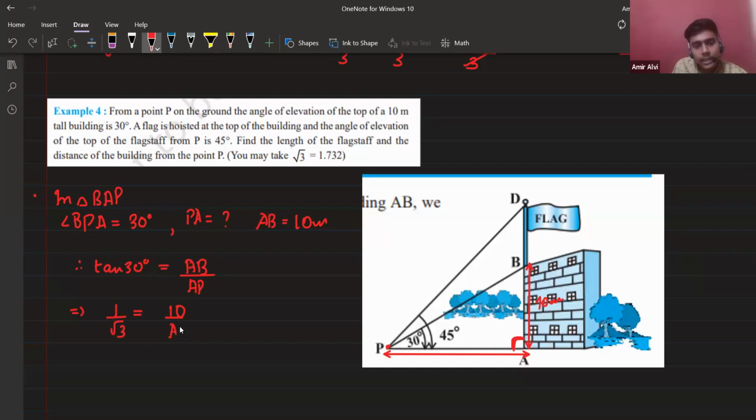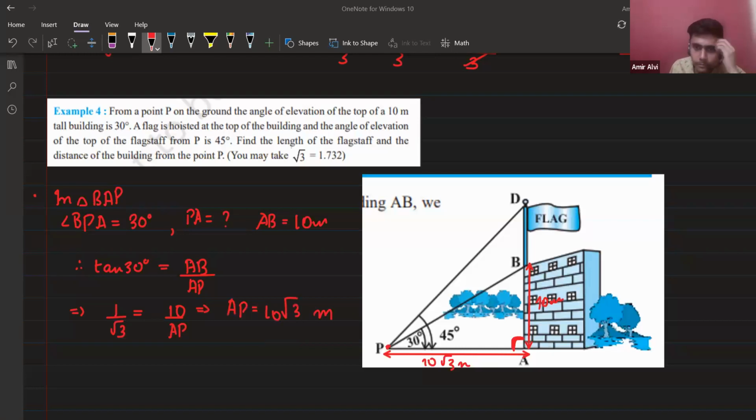Just cross multiply them. So AP is equal to 10 root 3 meter. Everybody clear? Any doubt in this? No, sir.